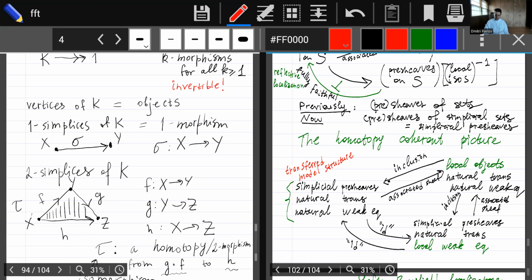It will be what is called a fully faithful inclusion, which means, first of all, it's an inclusion of a full subcategory in the usual sense. The notion of a weak equivalence here is induced from the weak equivalence here, so it's the same. And finally, it's also an inclusion in a certain homotopy coherent sense.